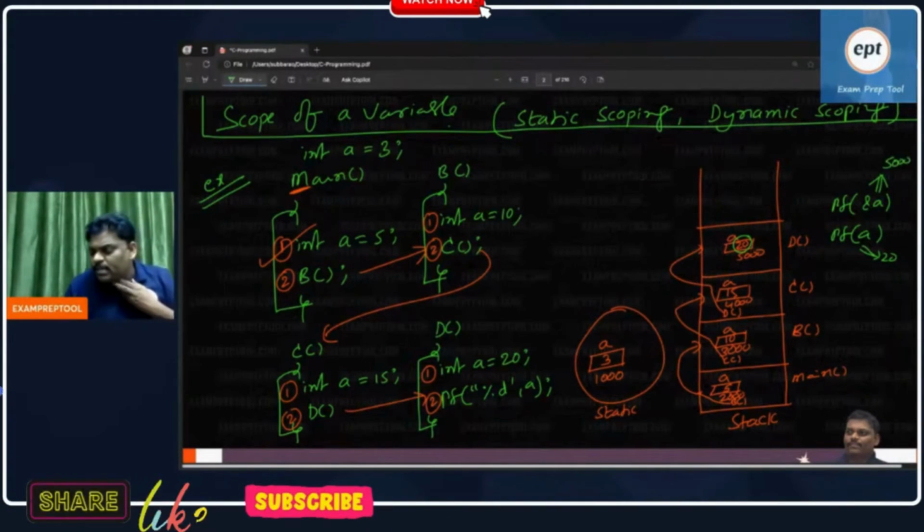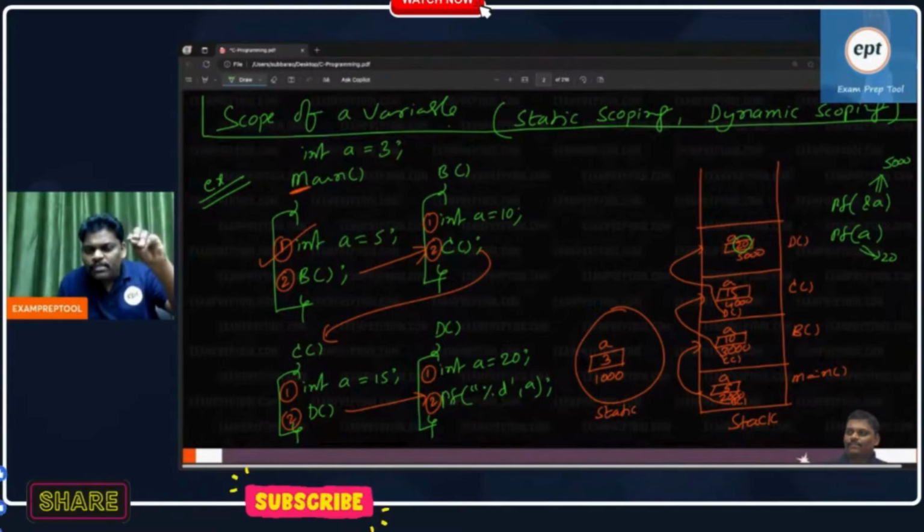Some people are asking, sir, why are you printing the top only? Stack will allow only the top. Can you help me? You are able to see 5 A's. How many is the stack able to see?